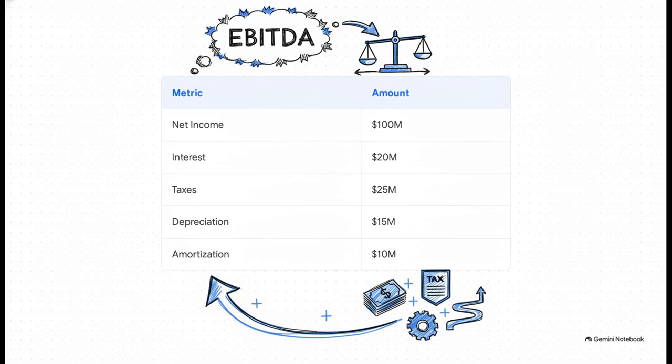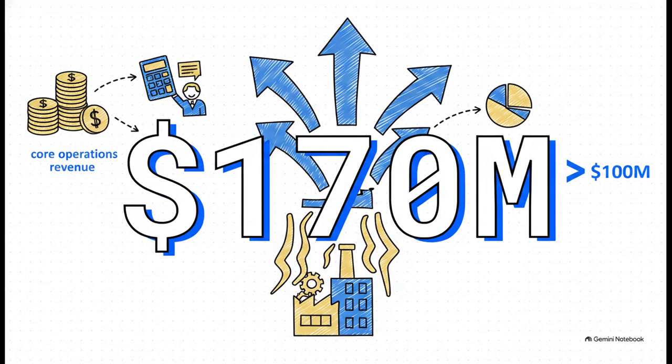So we add back $20 million in interest, $25 million in taxes, a $15 million depreciation expense, and $10 million for amortization. And boom, those add-backs leave us with a final EBITDA of $170 million. That massive number represents the raw cash-generating power of the core operations, long before the accountants and the tax authorities step in to take their slices. As you can see, it's a very different, much larger picture than that initial $100 million net income.